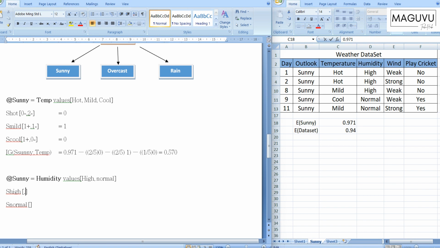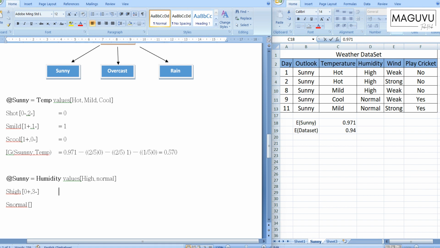The proportion there: if we consider high, we see that high has got a total number of 3, and in those 3 days, when we are considering sun, the outcome of playing cricket was no, so it's a 0 positive and a 3 negative.